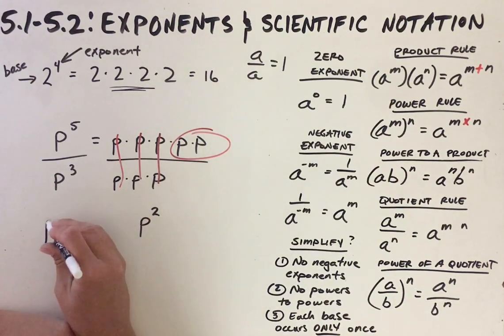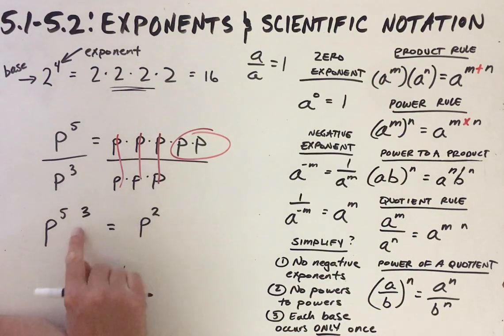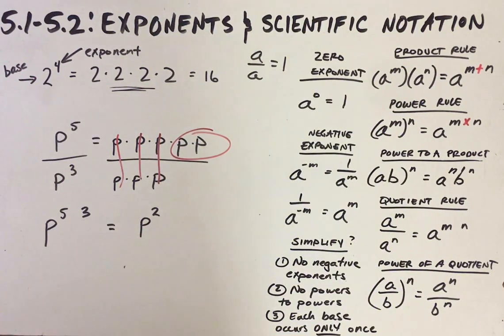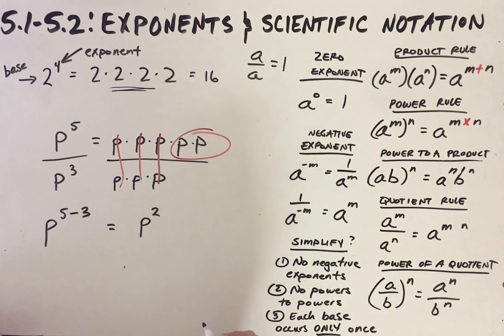Okay, if that's the case, then what is the relationship here? These exponents: 5 times 3, 5 divided by 3, 5 minus 3, 5 plus 3. So what is the operation that's happening here? And you can see that it's subtraction, 5 minus 3.